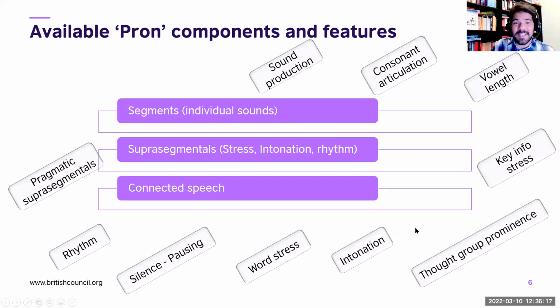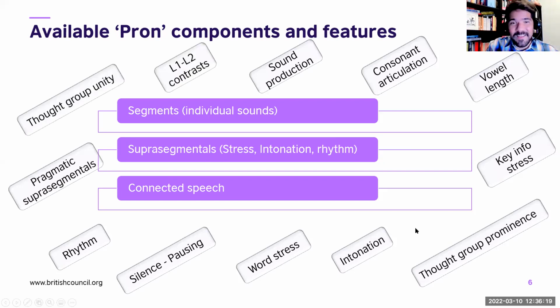Yes, pragmatic suprasegmentals. Suprasegmentals are super important for pragmatics, for emoting, for conveying emotion, right? So that's what I mean by pragmatic. Thought group unity. This is super important. Many of my learners find it difficult to put words belonging to a thought group together.